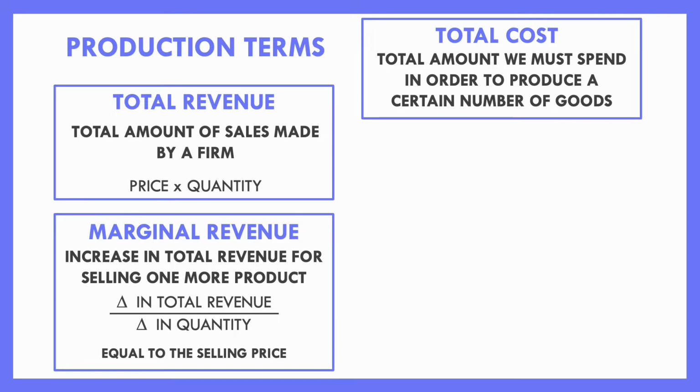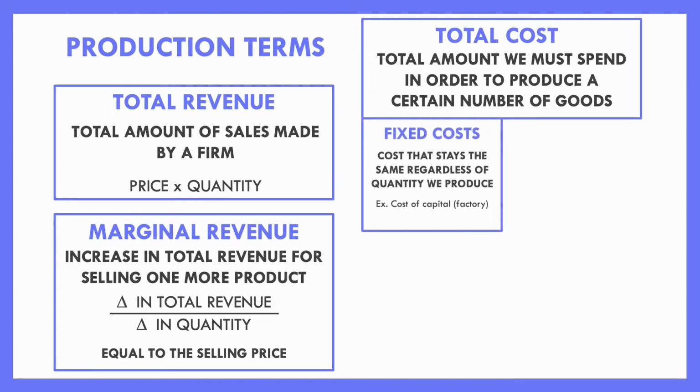We actually categorize our total costs into two different segments, because some of those costs are what we call fixed costs. That word fixed we see fairly often. Fixed just means it doesn't change. Suppose again that I'm making pizza and maybe I rent out a space to have my pizza shop. Well, there's a cost that stays the same regardless of the quantity of pizzas I'm producing.